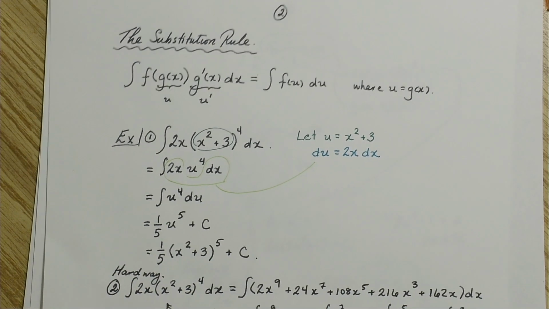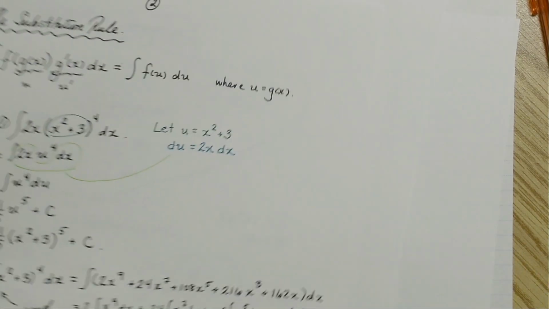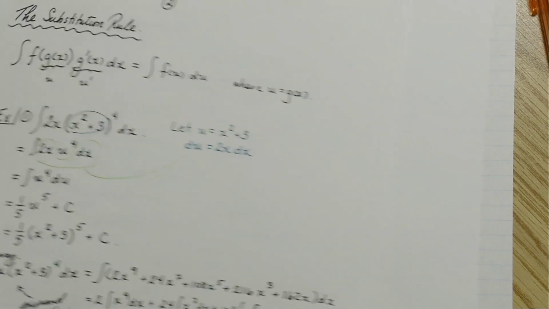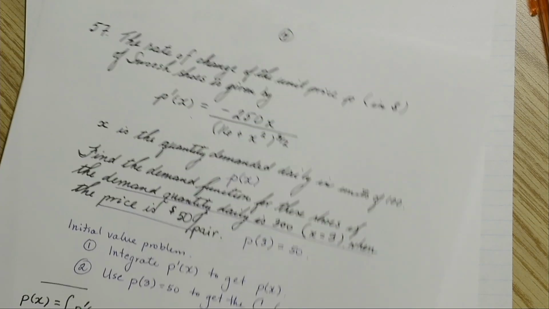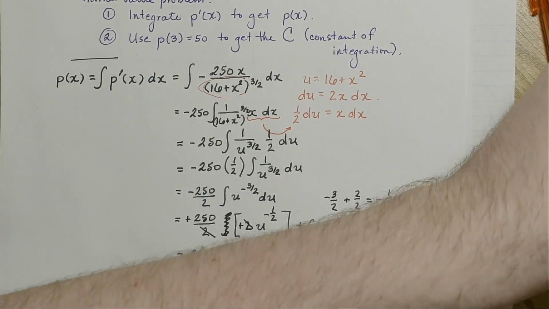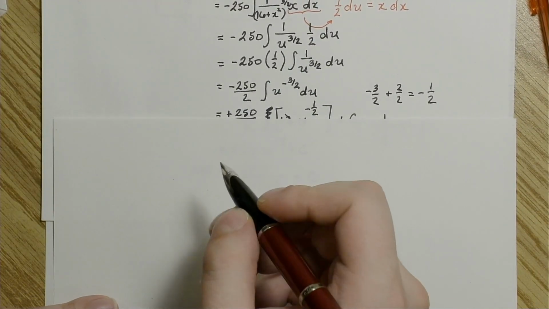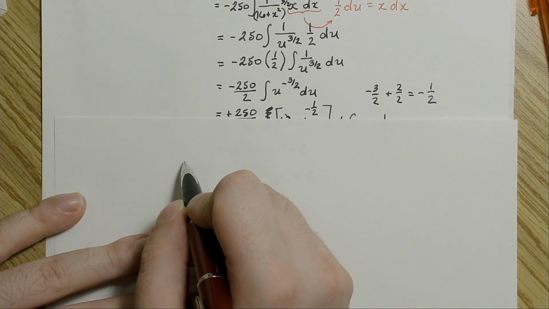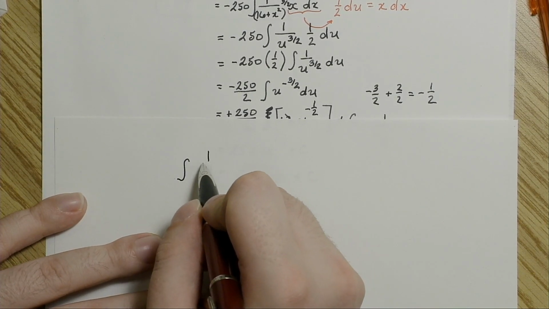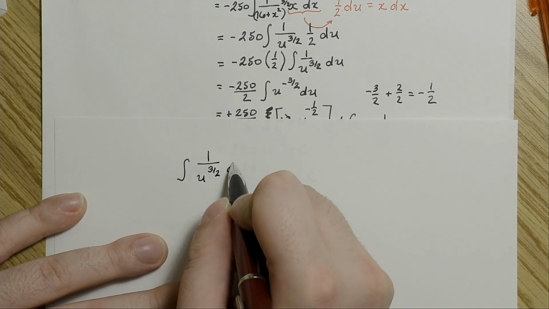Okay. So the question, yes. So let's do that a little slower. We can redo that. I'll do that a little slower. Okay. So let's look at doing the integral of 1 over u to the 3 halves du.